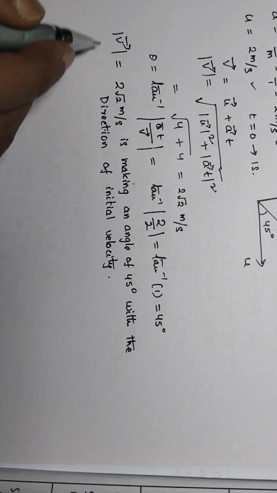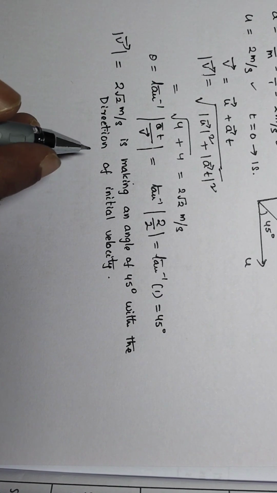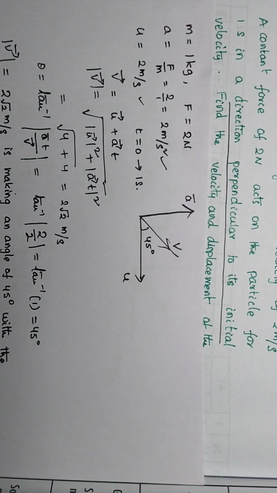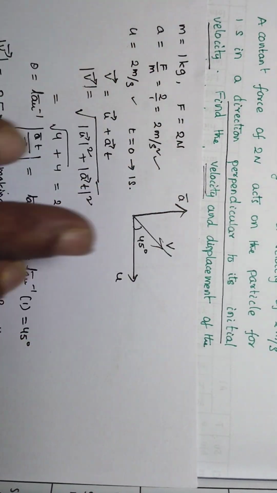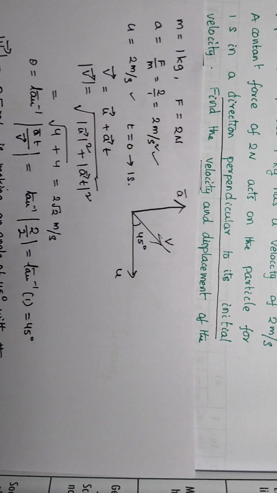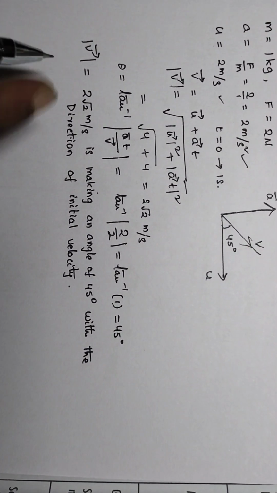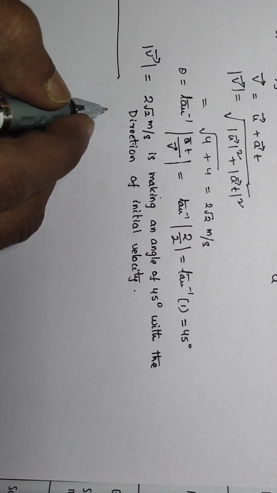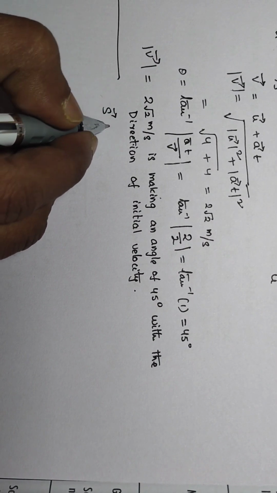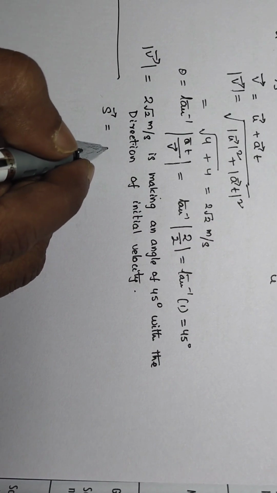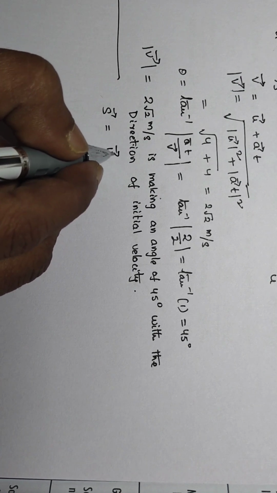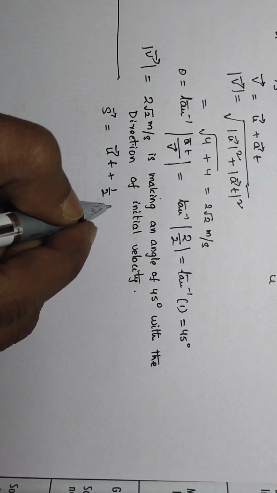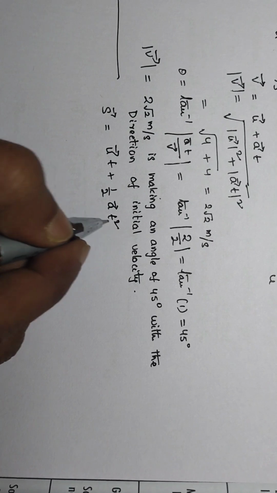So this is one. And secondly, what he is asking here is the displacement of the particle. Displacement s bar is equal to u bar t plus half a bar t square.